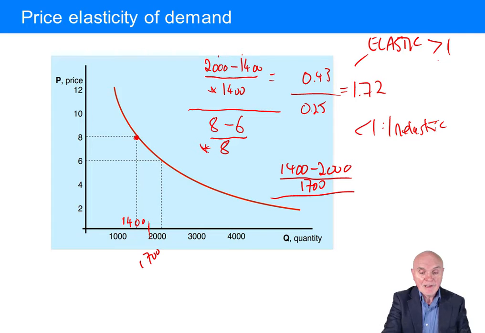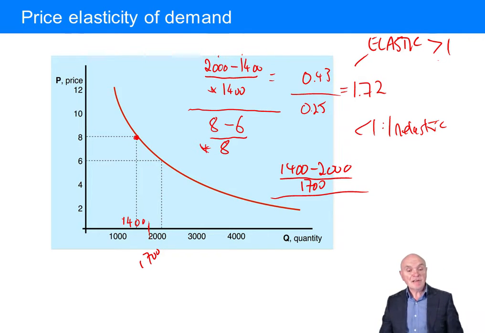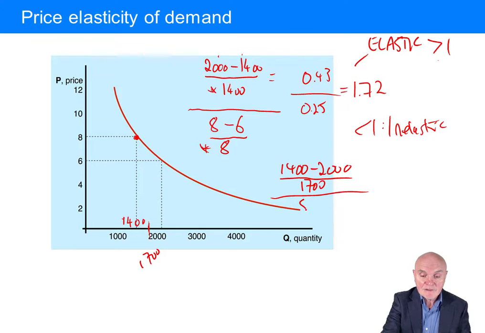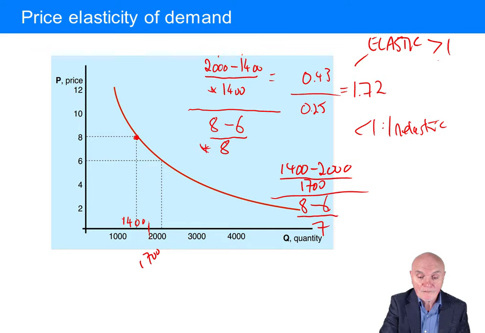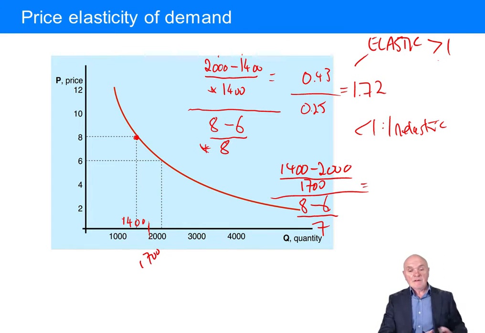And on the bottom line, you have the proportional change in the price. And again, don't worry about the signs. It's 8 minus 6. But instead of doing it on the 8, we're saying, what's the mid price? Well, it's going to be 7. So we have 600 divided by 1700.